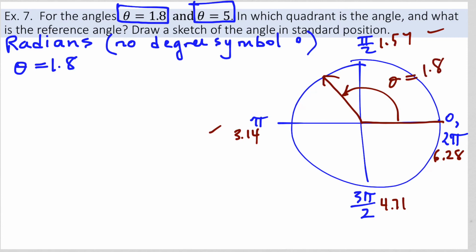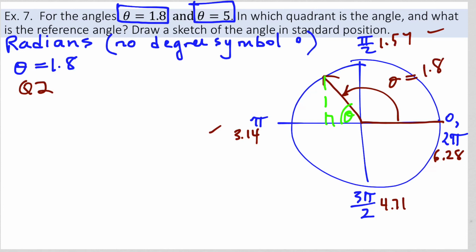All right, it asks for the quadrant, so this is Q2. And then it wants to know what the reference angle is. So the reference angle, if I drop my perpendicular right here, is going to be this angle right here, this reference angle.